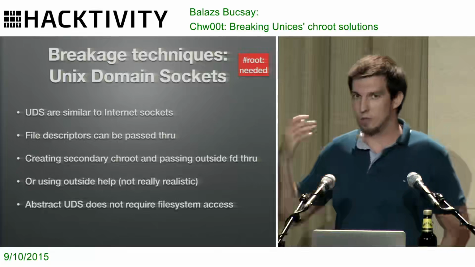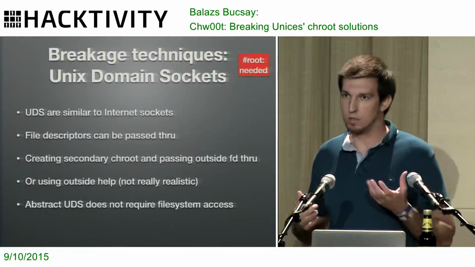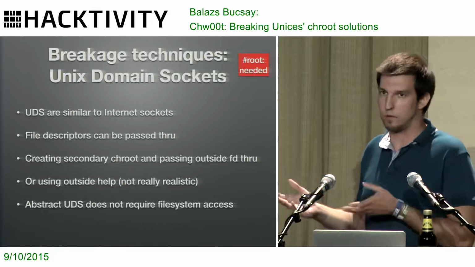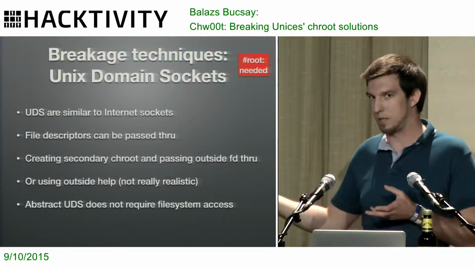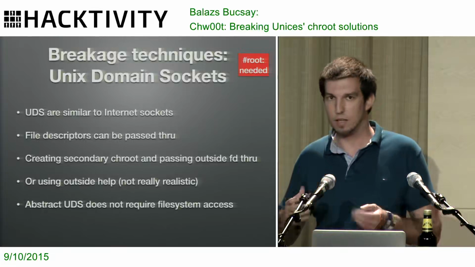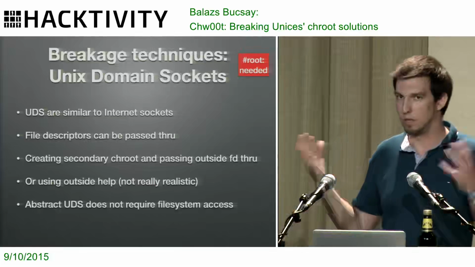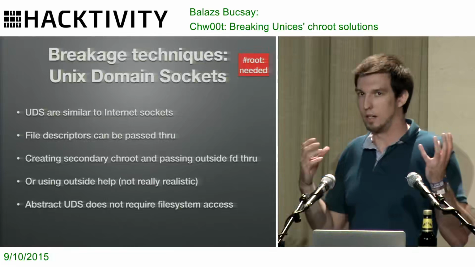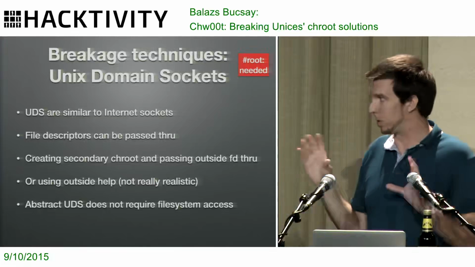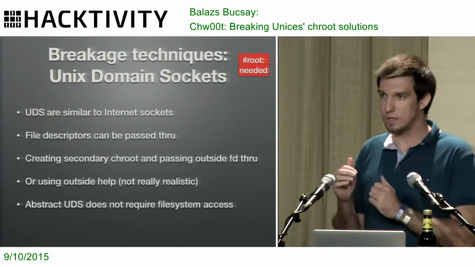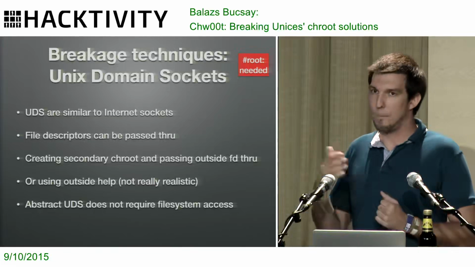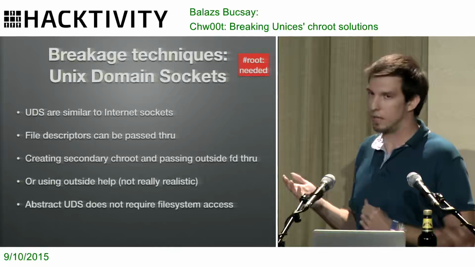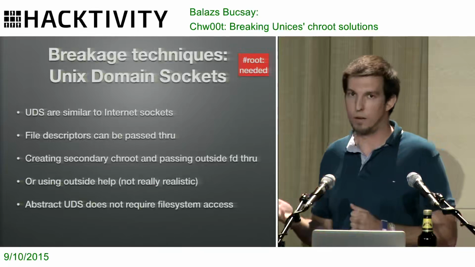If you want to do this socket, you have to bind and listen on this socket. It will create a file on the file system, and from the other process you can just connect to that file, and that way you can communicate between the two processes. And the best thing about this is that you can pass through different structures as well, for example, file descriptors.